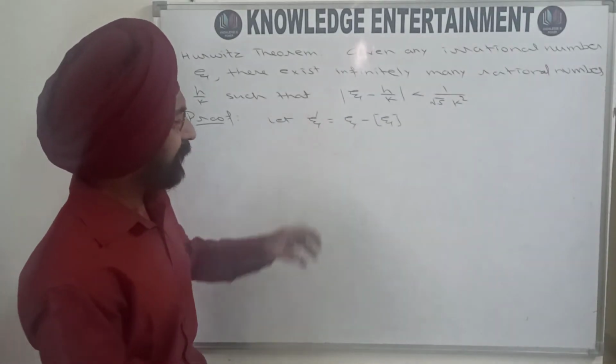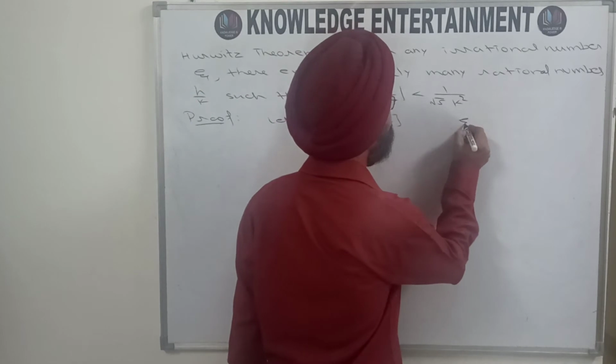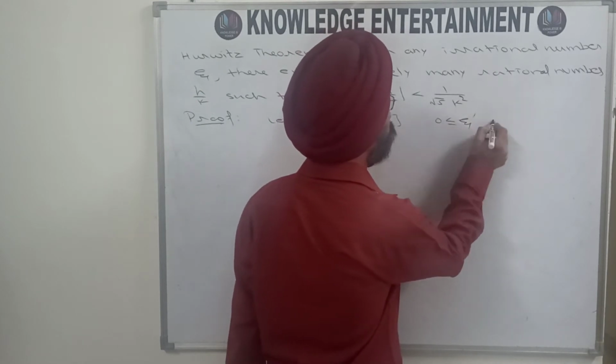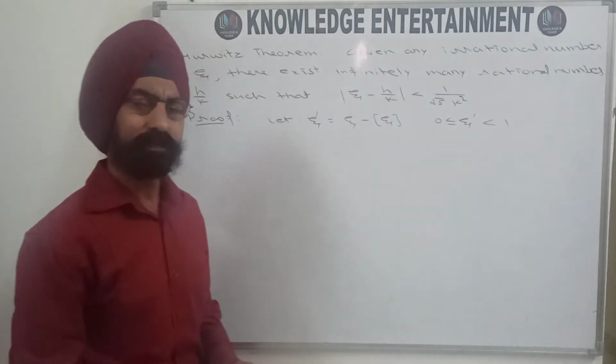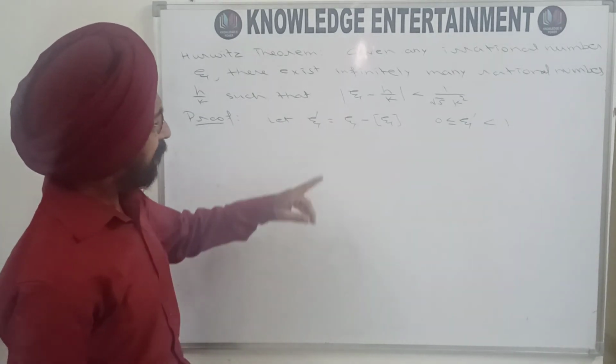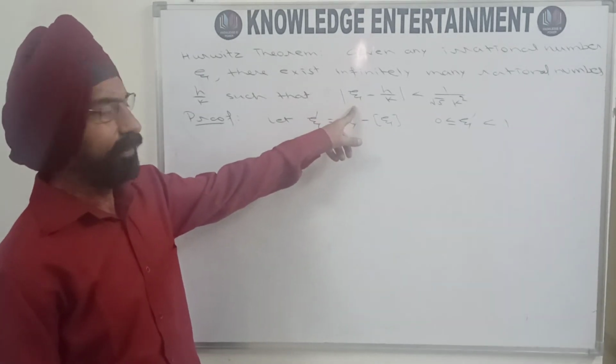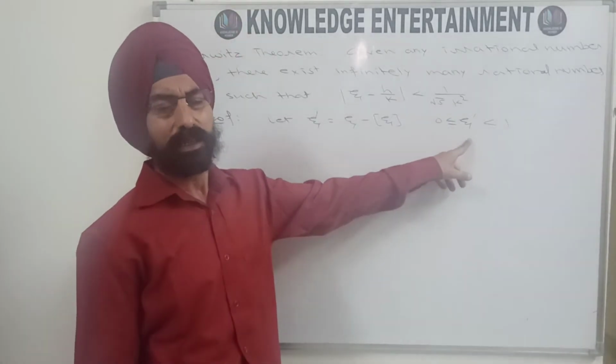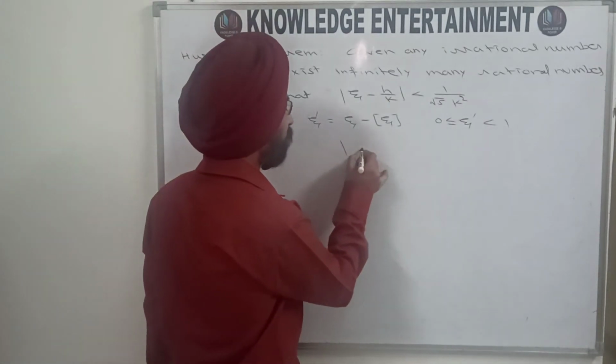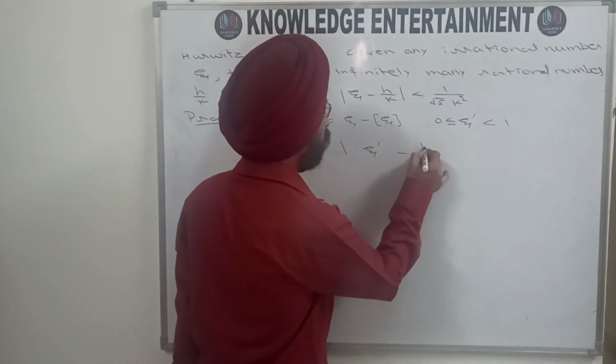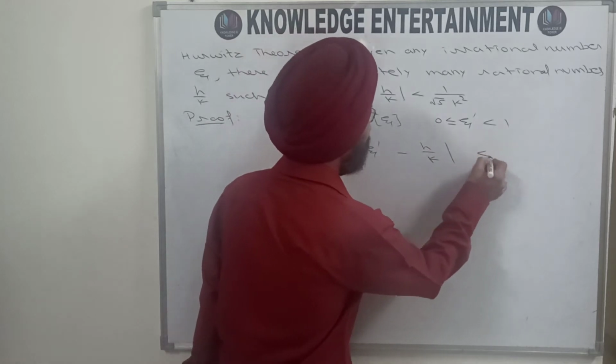So definitely this xi dash is a fraction, and it will be greater than or equal to 0, and less than 1. And now, instead of proving this theorem for xi, we will prove the theorem for xi dash.